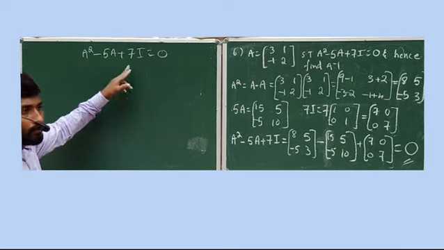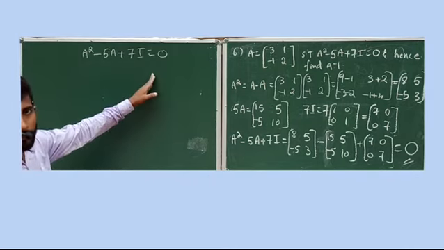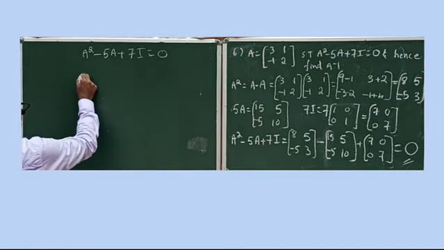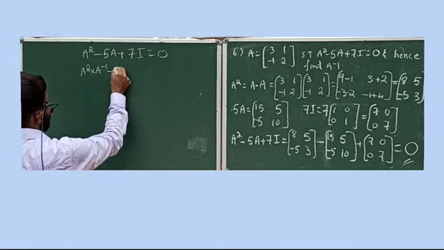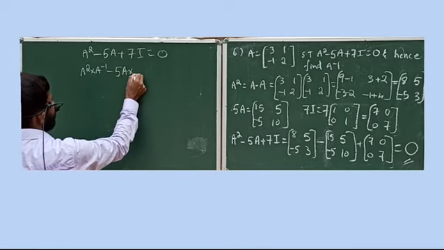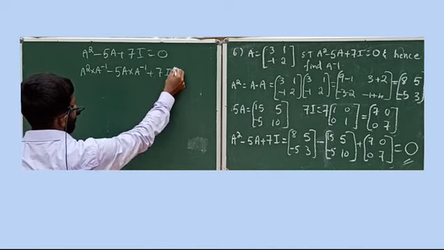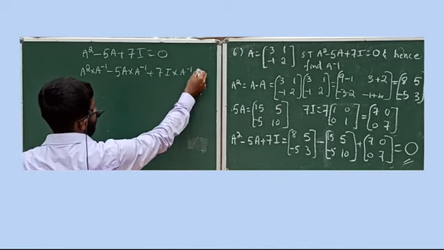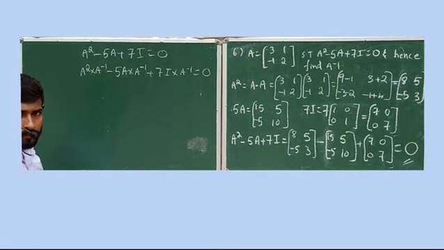Multiplying A inverse to this equation means both LHS and RHS are multiplied by A inverse. So you will get A square into A inverse minus 5A into A inverse plus 7I into A inverse equal to 0 into A inverse. Okay, the zero matrix into A inverse is equal to the zero matrix.